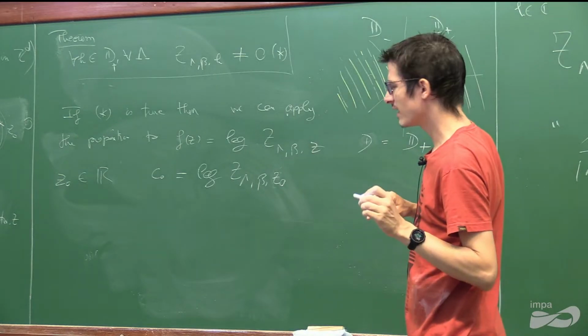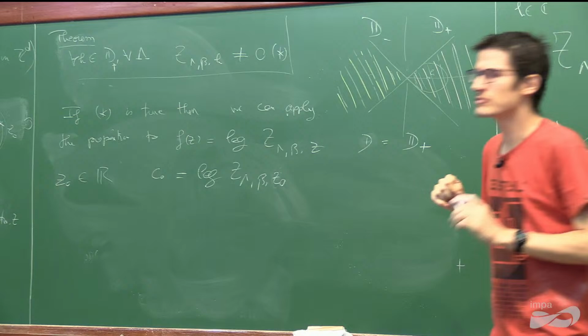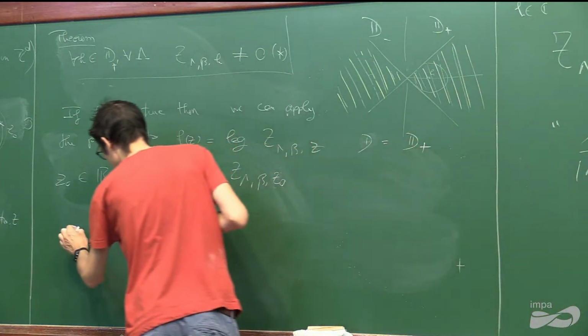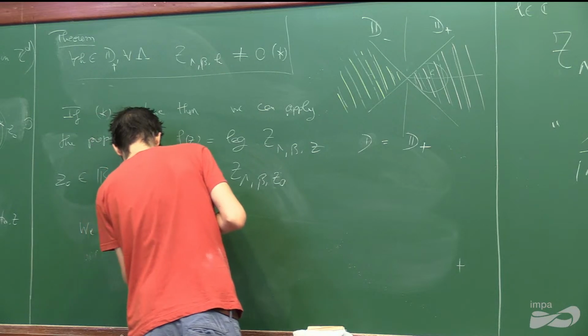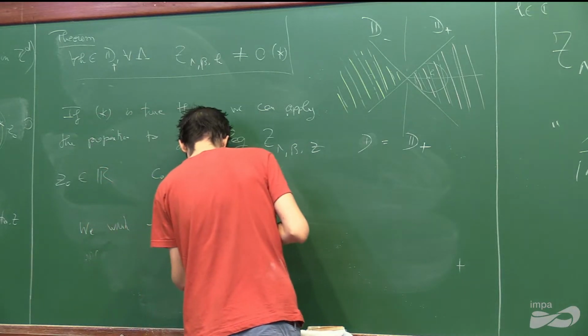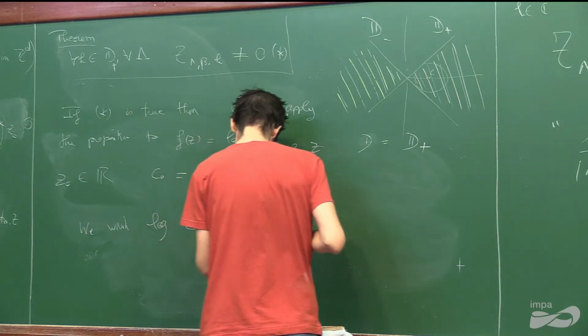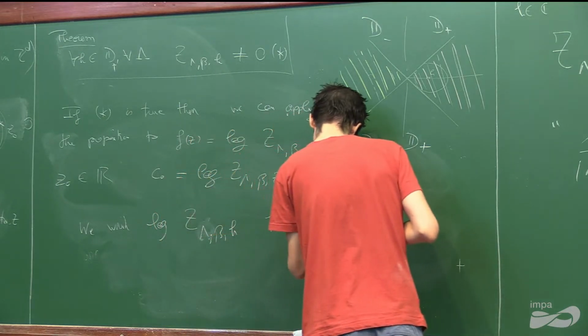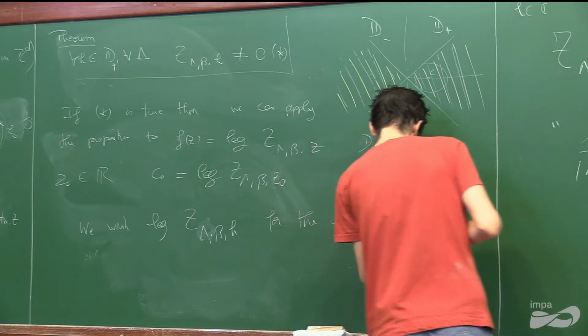If I do this, I obtain a function g, and with some abuse of notation, we write log Z lambda beta h for the function g which is obtained.